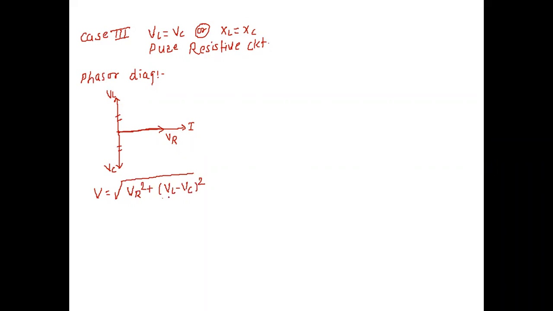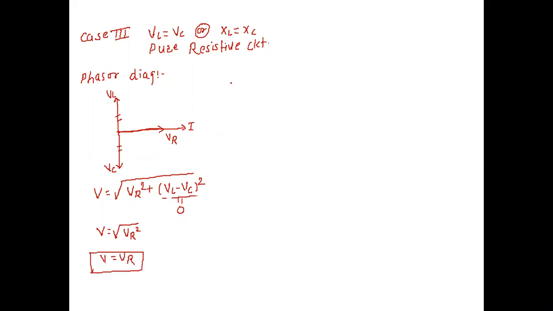But what is the value of these? As we consider that VL is equal to VC, may I say the difference is 0? Is it right? So what remains? The total voltage equals the square root of VR squared, and that is nothing but V equals VR. This is the important thing.